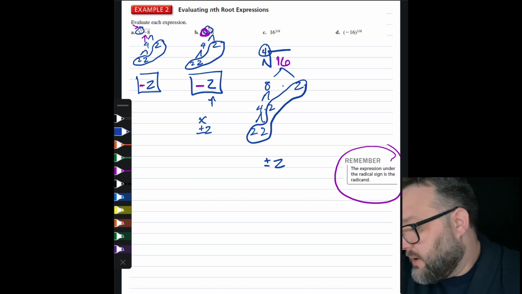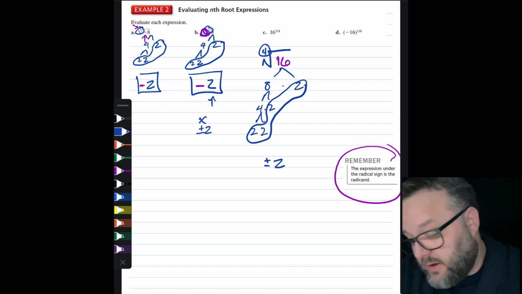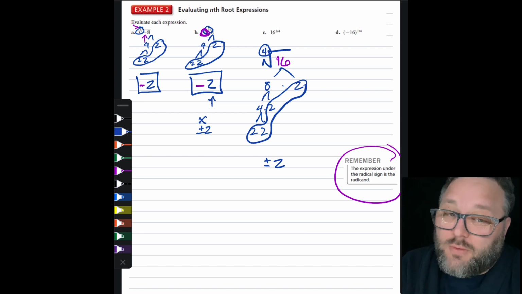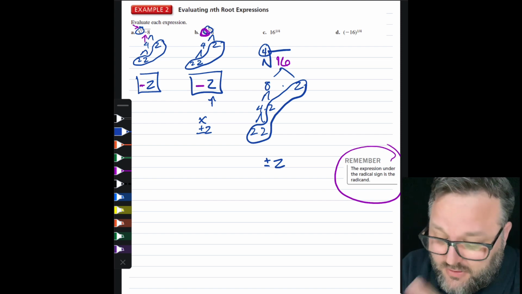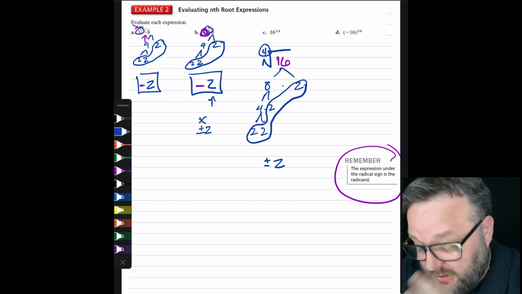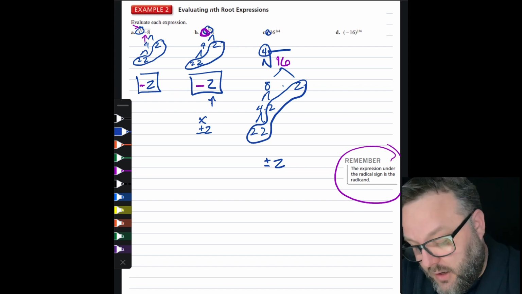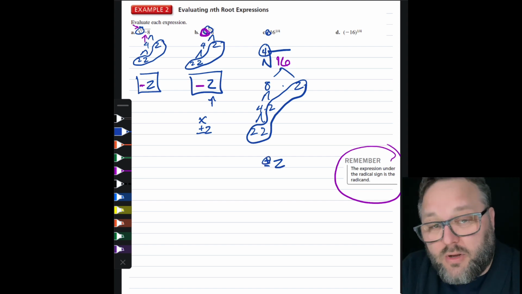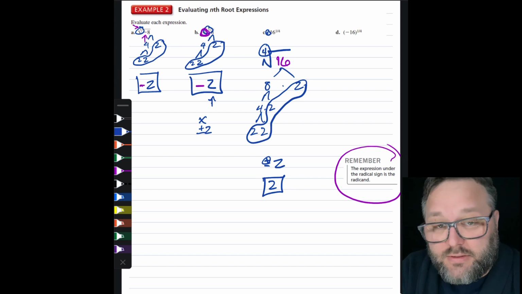I'm looking back at my notes to verify. Yep, that's what I thought. I was mixing them up with the last example, so I was checking my notes to make sure. Because this is an assumed positive, I only want to use the positive for my final answer, so my final answer is 2.